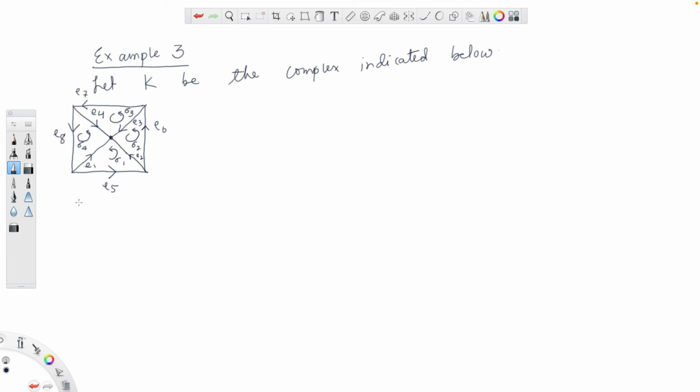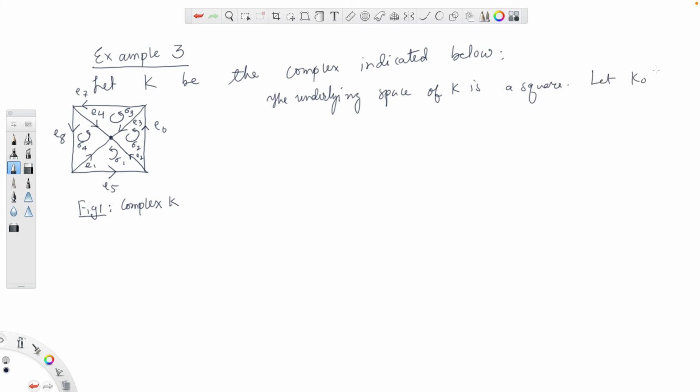Figure 1, complex K. It's a two-dimensional complex whose underlying space is a square.